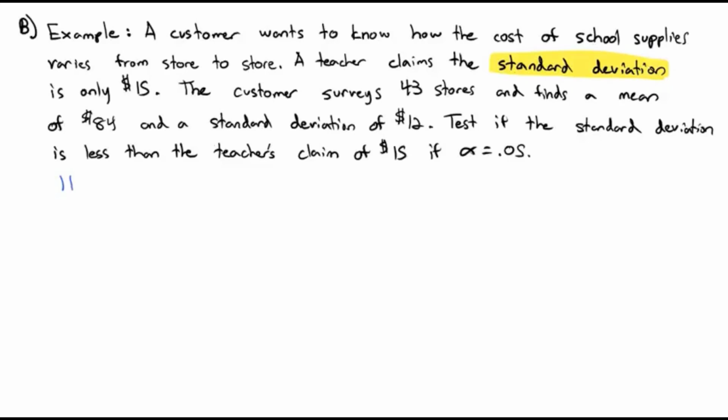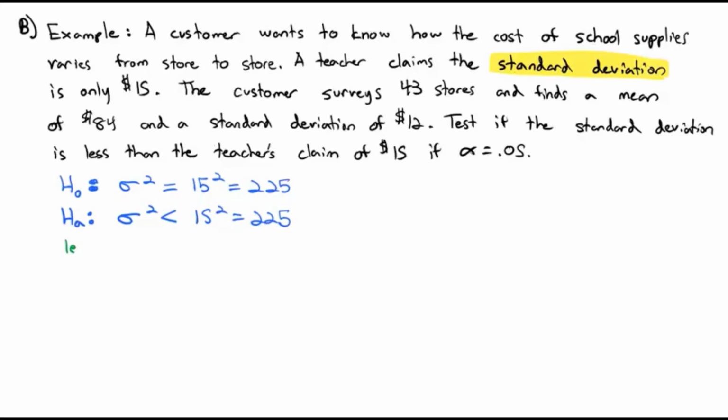So when we set up our null hypothesis, it will state that the variance, or sigma squared, is equal to the standard deviation squared, or 15 squared, which is 225. Notice again, we had to square the standard deviation to get the variance. The alternate hypothesis, we believe that the variance is actually less than 15 squared, or less than 225.